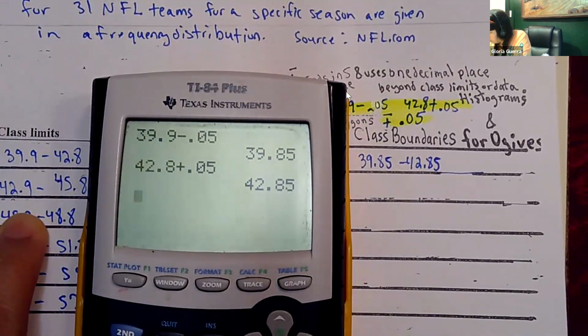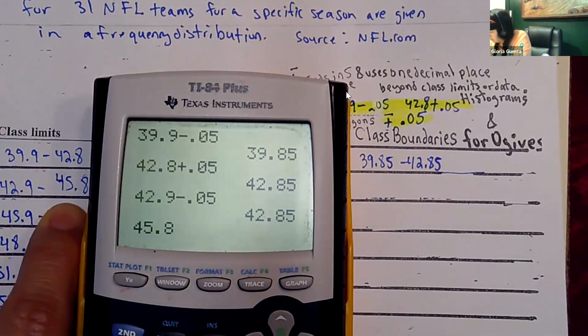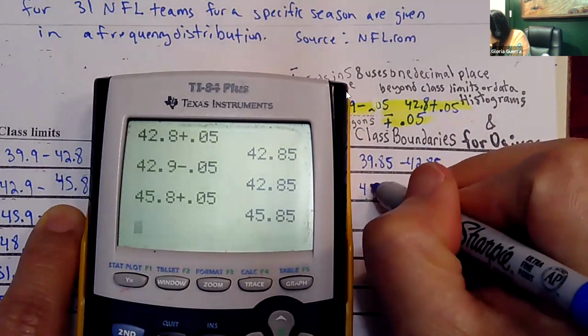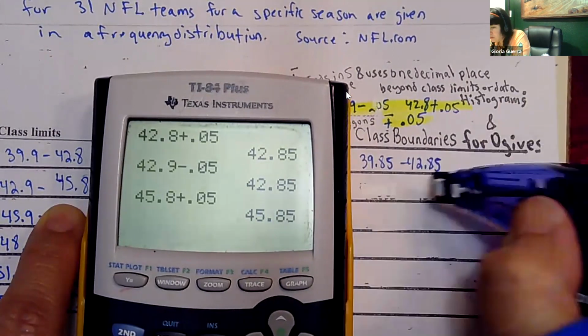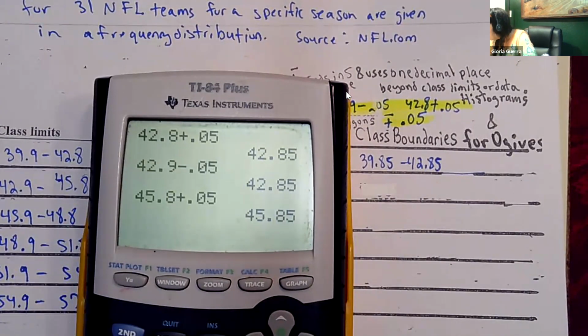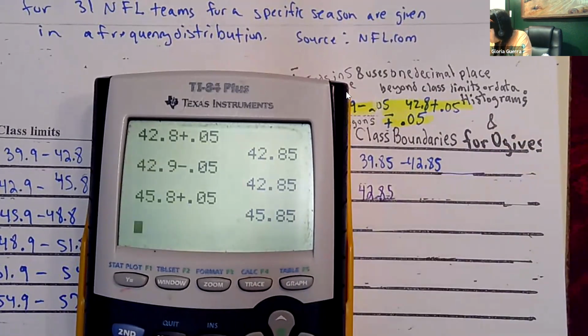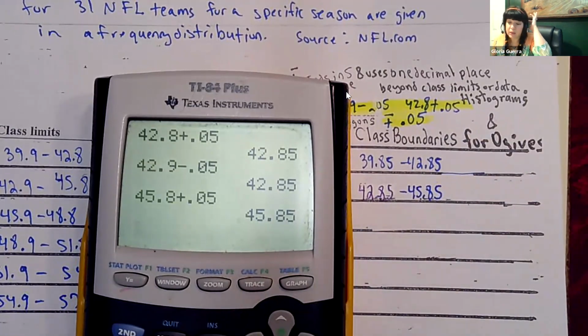You just do 42.9 minus 0.05 and then 45.8 plus 0.05. That gives you 42.85 to 45.85.